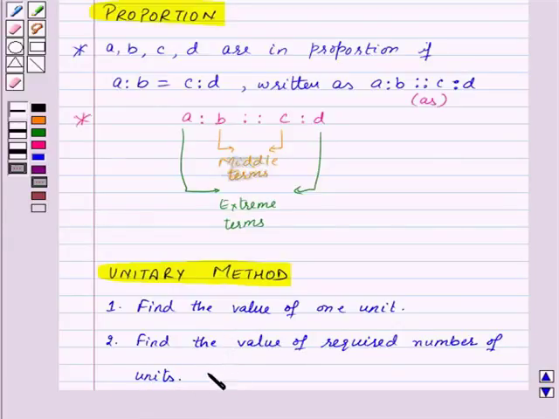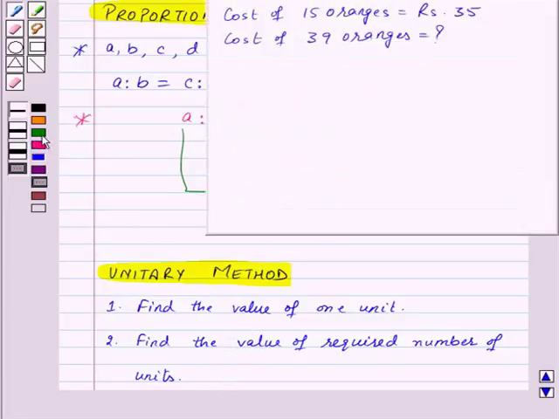Let's take one example for this. Suppose we are given the cost of 15 oranges as rupees 35 and we need to find the cost of 39 oranges. So here we have cost of 15 oranges equal to rupees 35.